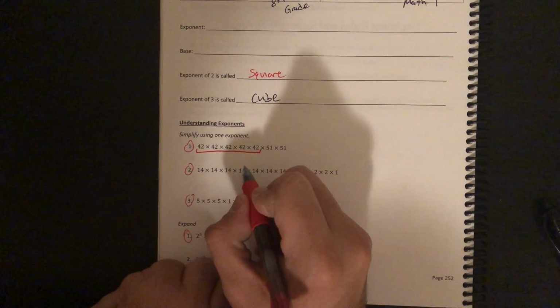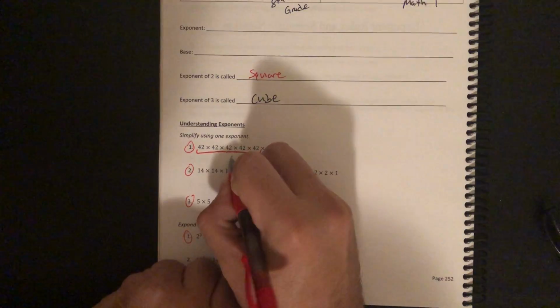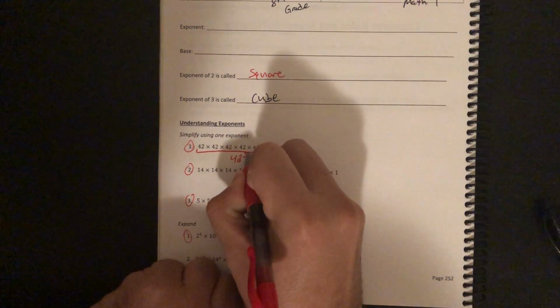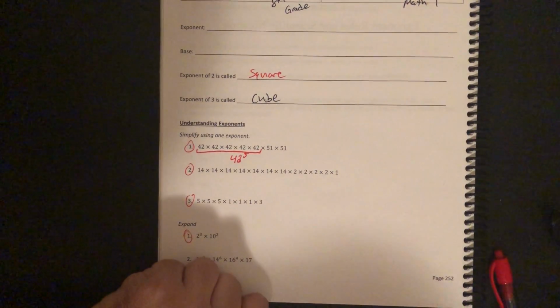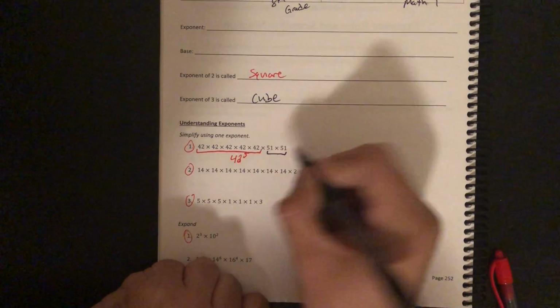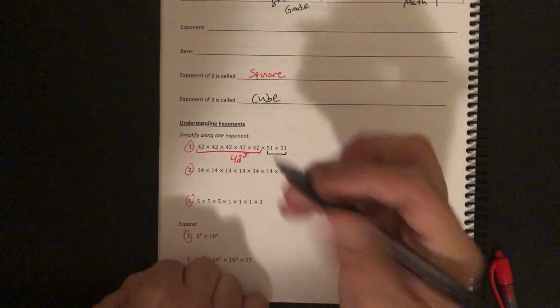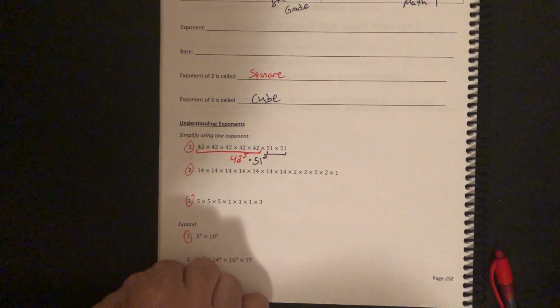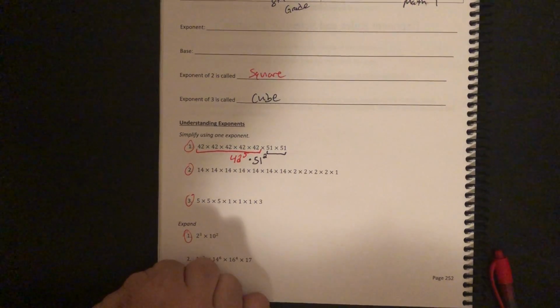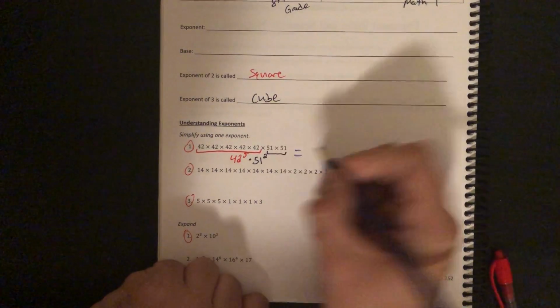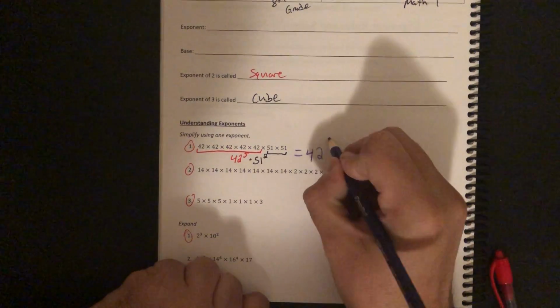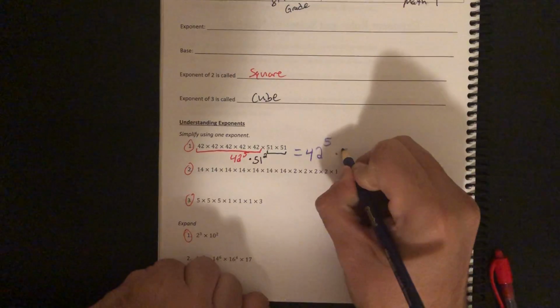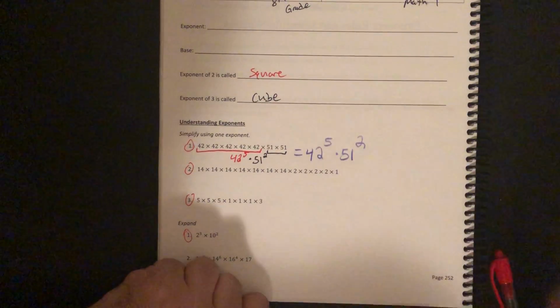So instead of writing 42 out 5 times, I can just say 42 to the power of 5. Okay, and then I'm going to take care of the 51s. So instead of writing 51 twice, I can just say times 51 to the power of 2. So really, my answer could be 42 to the power of 5 times 51 to the power of 2.